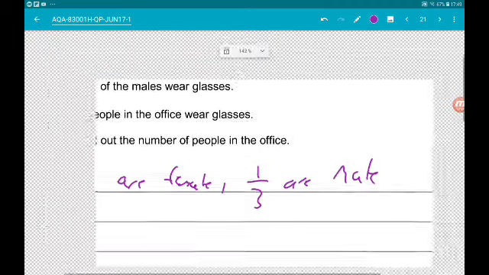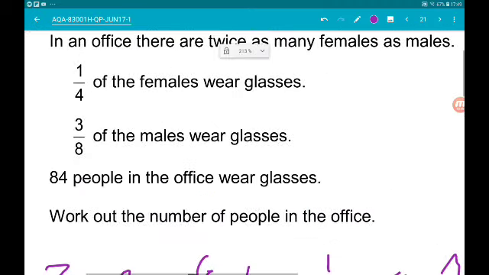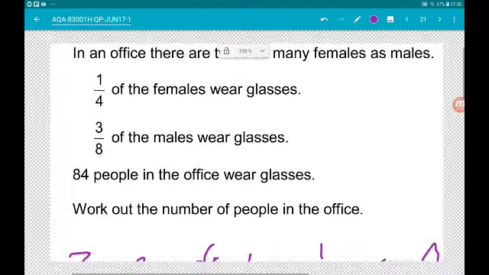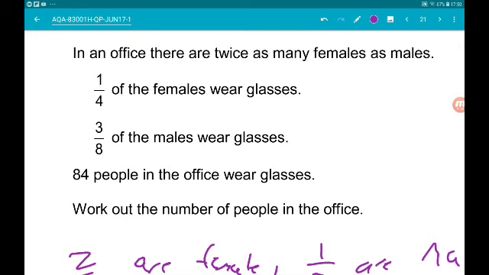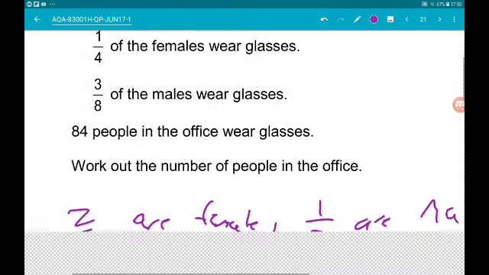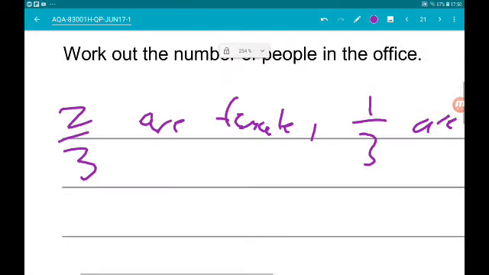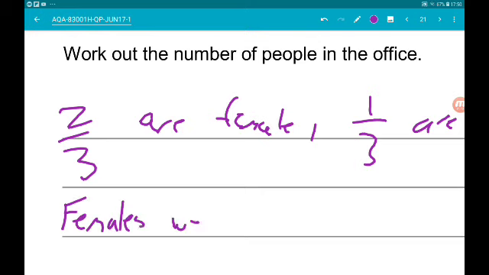Now, we are told that 1/4 of the females wear glasses. So that means 1/4 of 2/3 of the people in the office wear glasses. So for the females, they wear glasses.